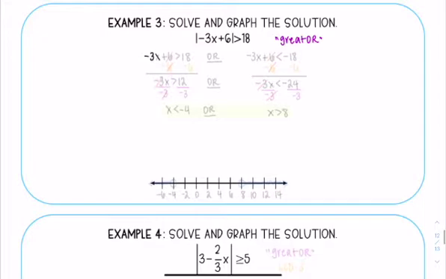We've got negative 3x plus 6 is greater than 18, or we've got negative 3x plus 6 is less than negative 18. And we just need to solve. So we are going to subtract 6, and we can do this on both equations actually. It's going to be the first step for both.